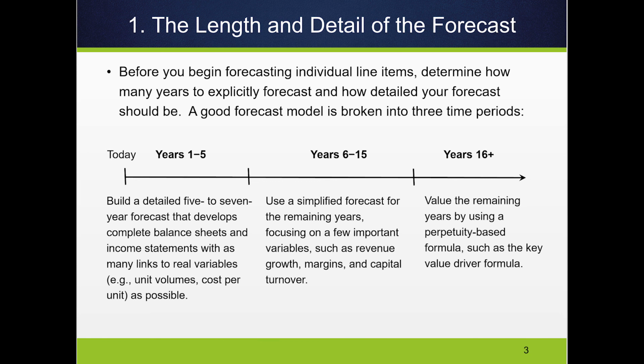So in each of these 15 years, we'll use the financial statements that we're predicting to generate NOPLAT, invested capital, and free cash flow. And then the value of the firm will be the sum of the present values of these free cash flows plus the present value of the key value driver formula, which is the perpetuity value of the firm, the value of the firm from year 16 plus to year infinity, potentially.